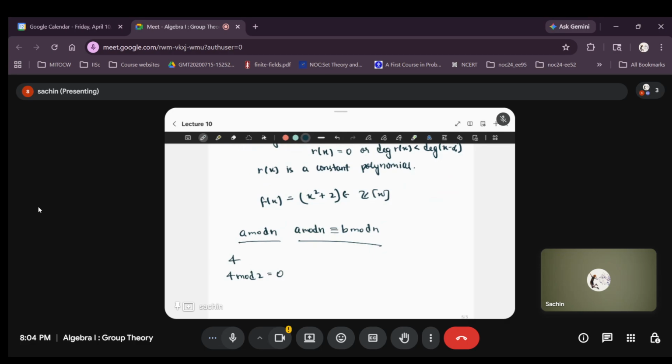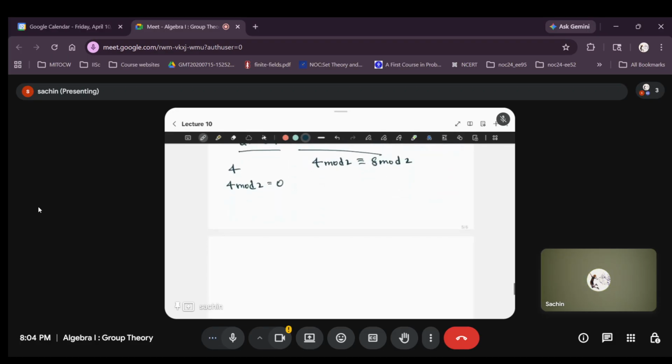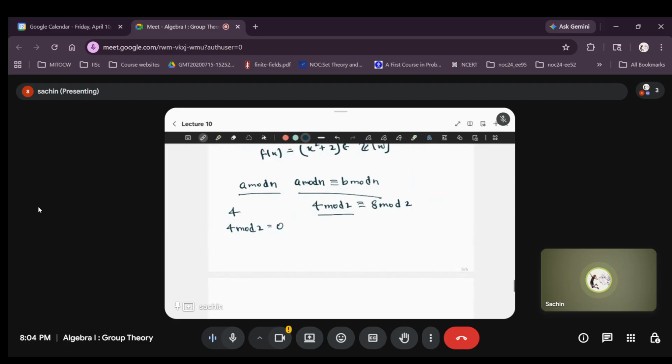But if I write 4 is congruent to 8 mod 2, what does it mean? This means that when I divide 4 by 2, I get the same remainder as when I divide 8 by 2. Right? The remainder I get when I divide 4 and 8 by 2 is the same.